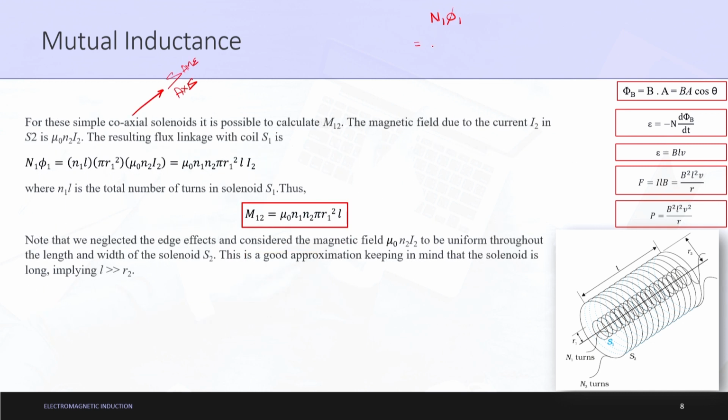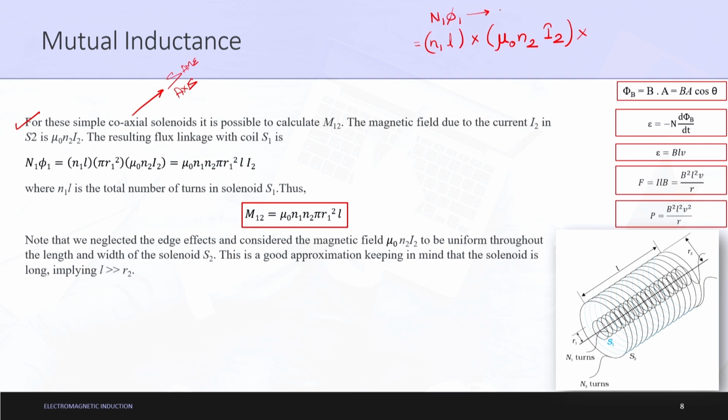The magnetic field is nothing but mu naught N2 I2. Therefore, N1 phi 1 is equal to n1 L into mu naught N2 I2 into area.